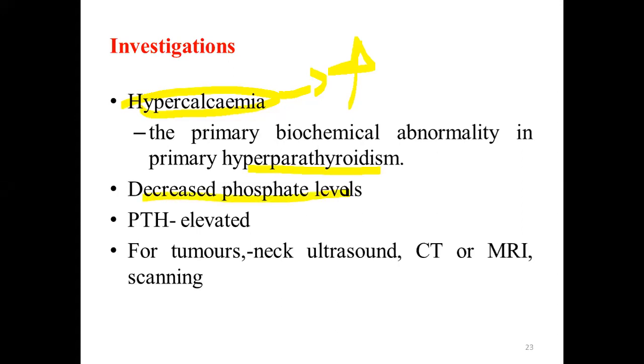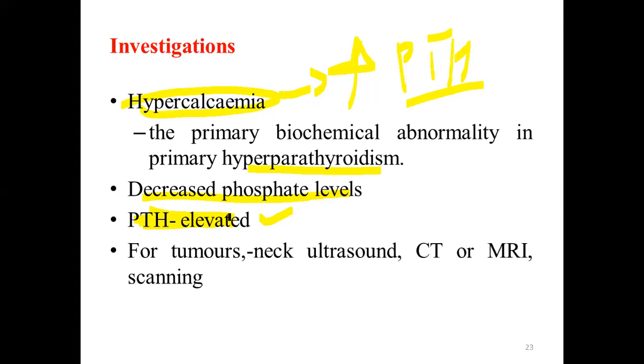This is because when the gland is producing more of the hormone, it promotes the excretion of phosphate from the kidney. That is why the phosphate level is usually low. Then the PTH level is usually elevated in most of the cases, which is why the patient has a high calcium level.